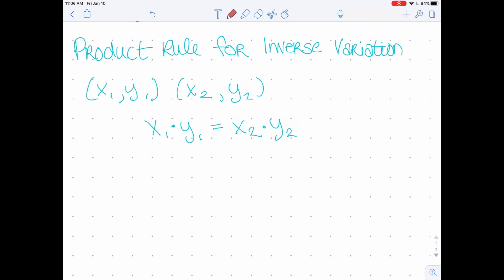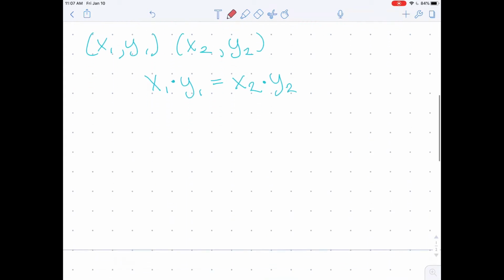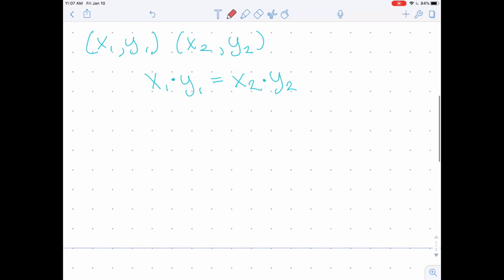So let's look at an example. It says if y varies inversely with x and y is 3 when x is 12, so x is 12, y is 3, find x.